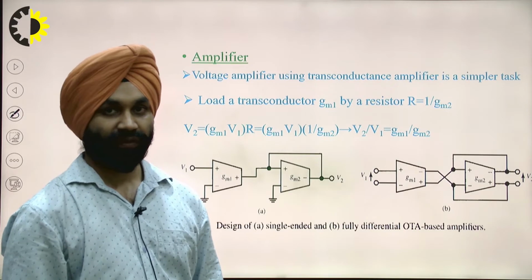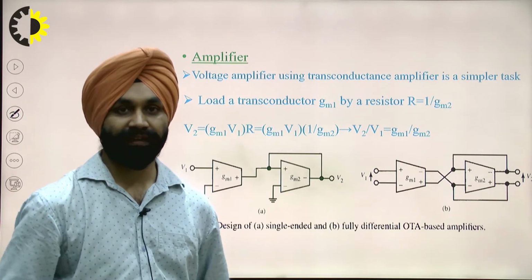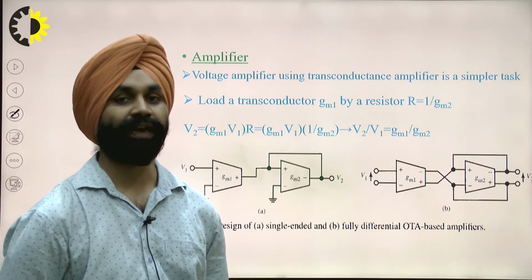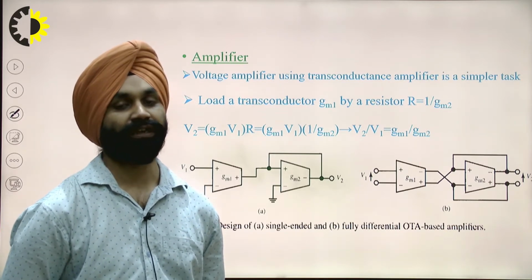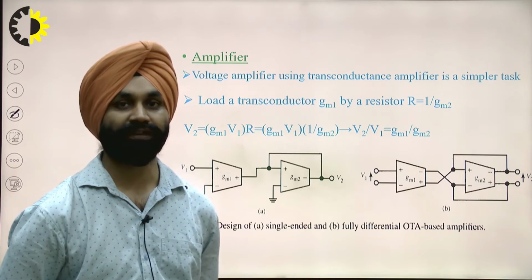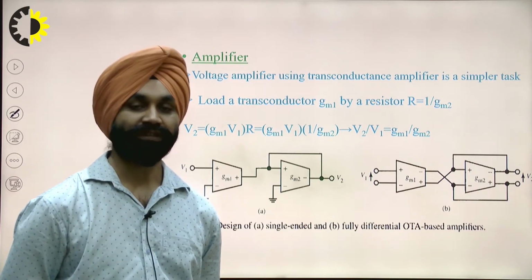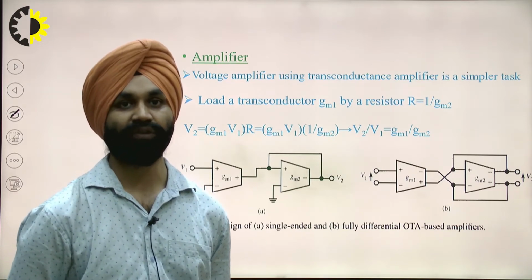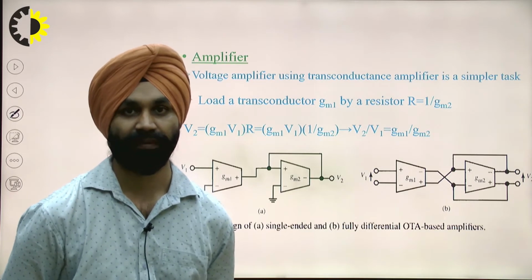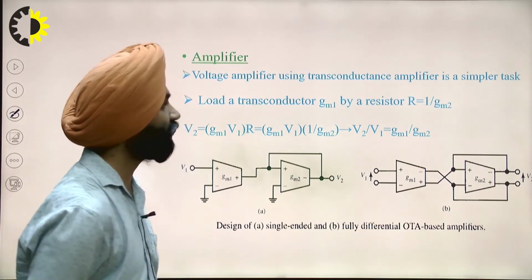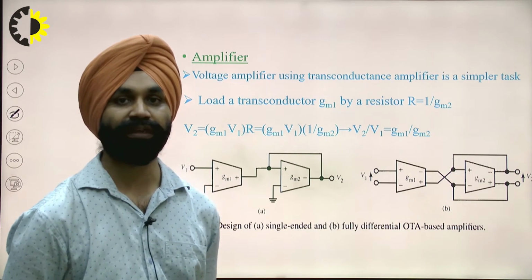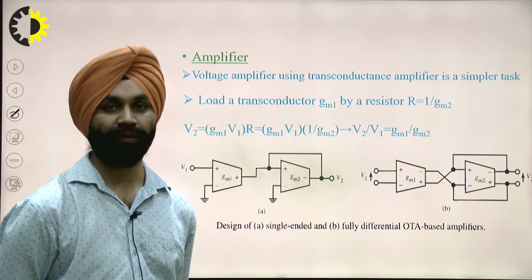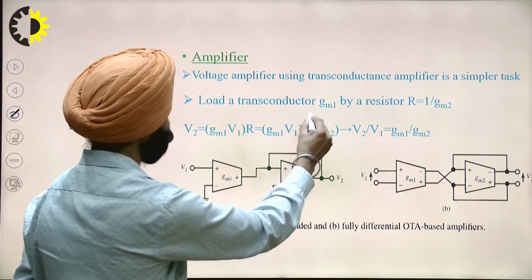Now, after the integrator and resistor discussion, we can convert a transconductance into an amplifier. A transconductance is an OTA, an operational transconductance amplifier, so it is already an amplifier. A voltage amplifier can also be created using transconductance amplifiers.